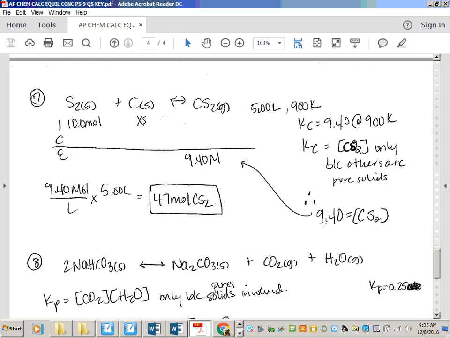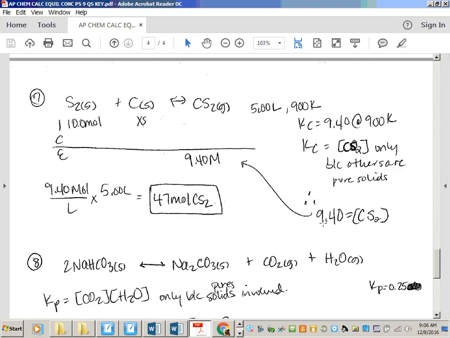But the K expression is only the concentration of that. So since K was given as 9.40 and the K expression equaled the concentration of that, they were equivalent at equilibrium, so you were able to put that directly in as the concentration of carbon disulfide at equilibrium.